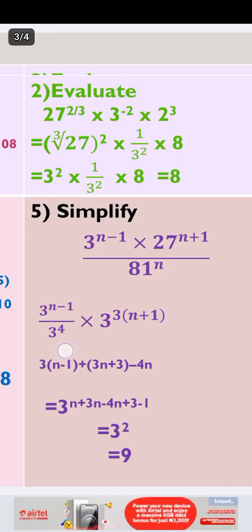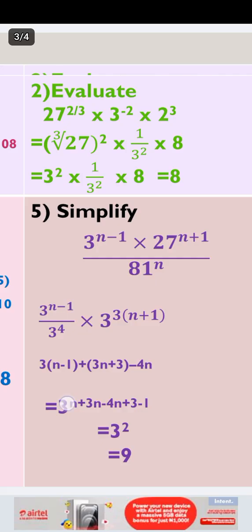So if all the bases are the same, then we are going to add the powers or minus the power depending on the operation we are doing. If we are multiplying, we add the power. If we are dividing, we minus the power. And that is what we did here.